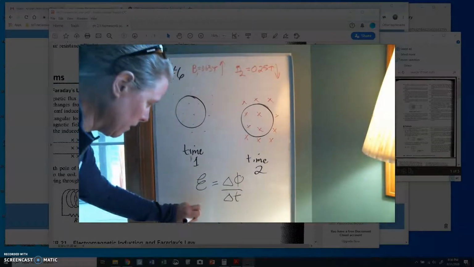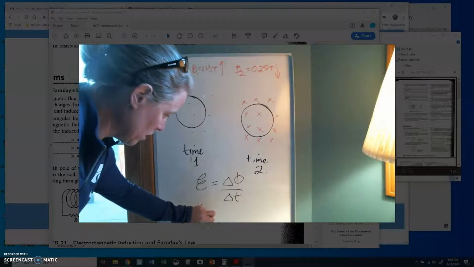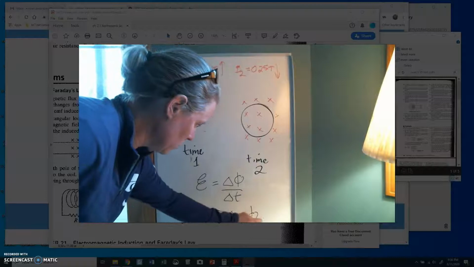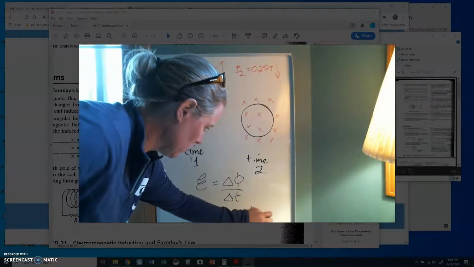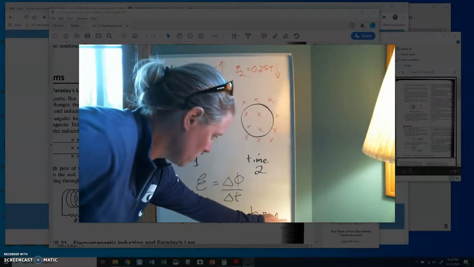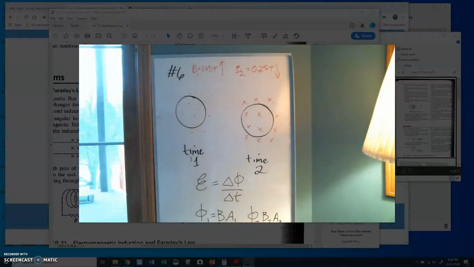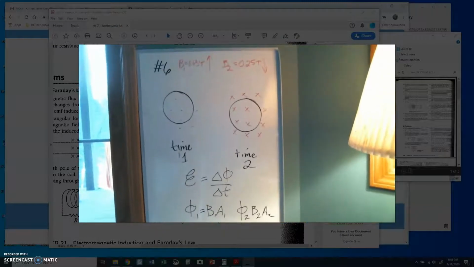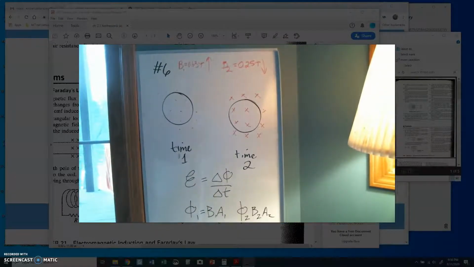Well, what's our phi? Phi1 is going to be equal to B1A1, and Phi2 is going to be B2A2. Let's see, not tall enough. Let's see if we can get that in there.